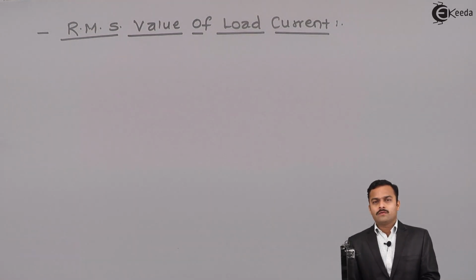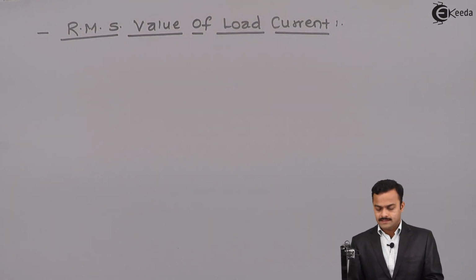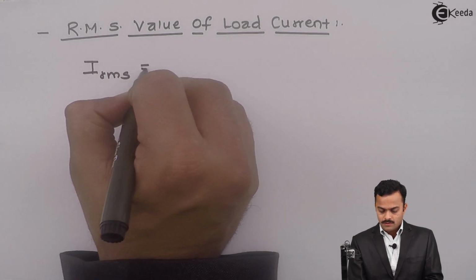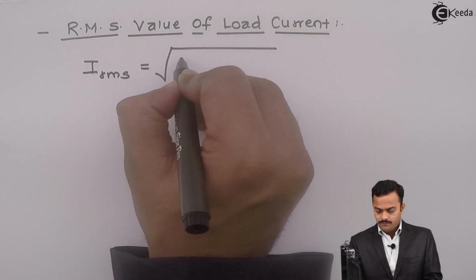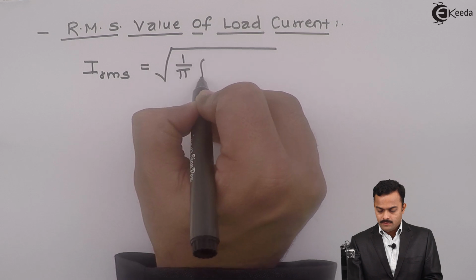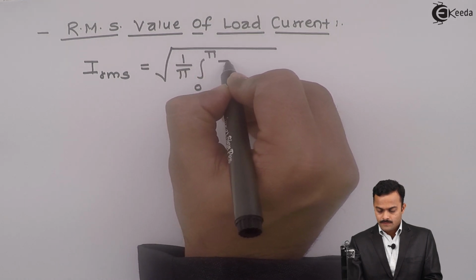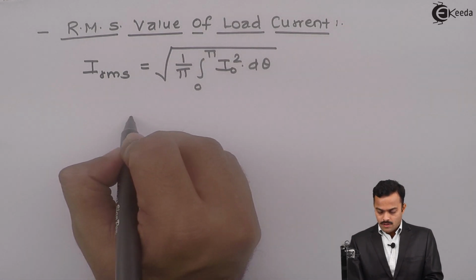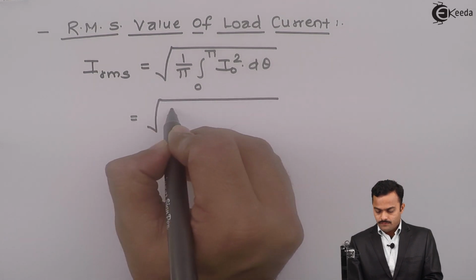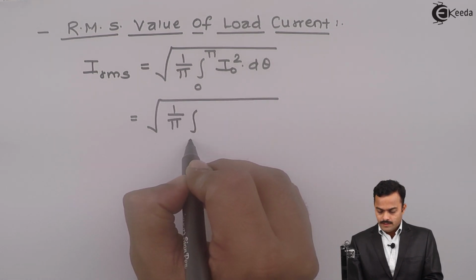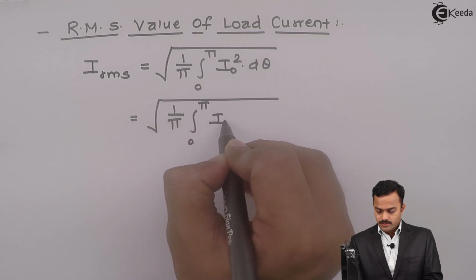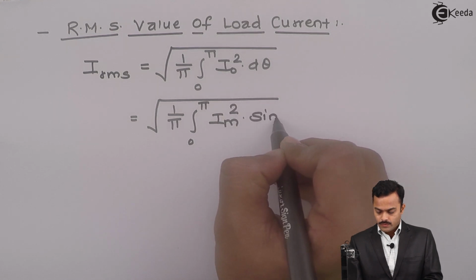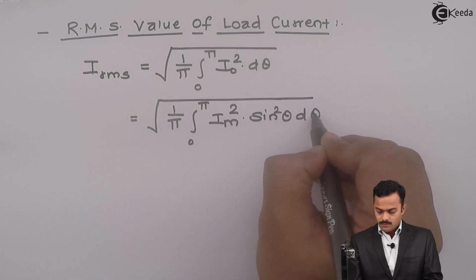It is a root mean square value of load current flowing through load resistance, and given as IRMS equal to root of 1 upon pi integral 0 to pi I0 square d theta. So it is equal to root of 1 upon pi integral 0 to pi, I0 is Im sin theta. So I0 square will be Im square sin square theta d theta.